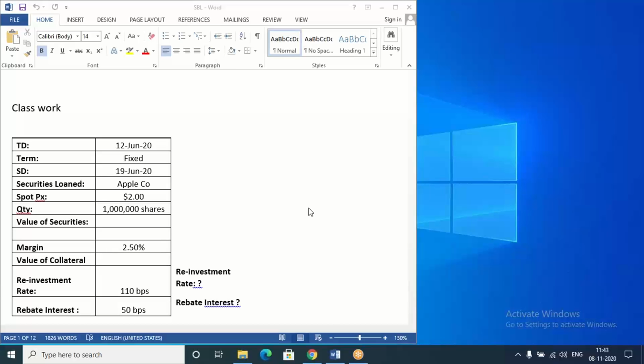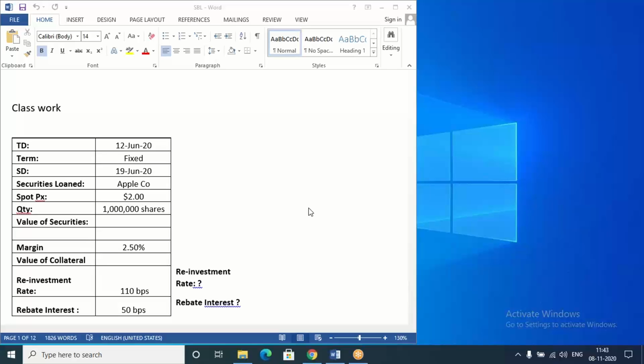Done? What's the answer? What's the value of the securities? 2 million. Okay. What's the value of the collateral? 2,050,000. Correct.